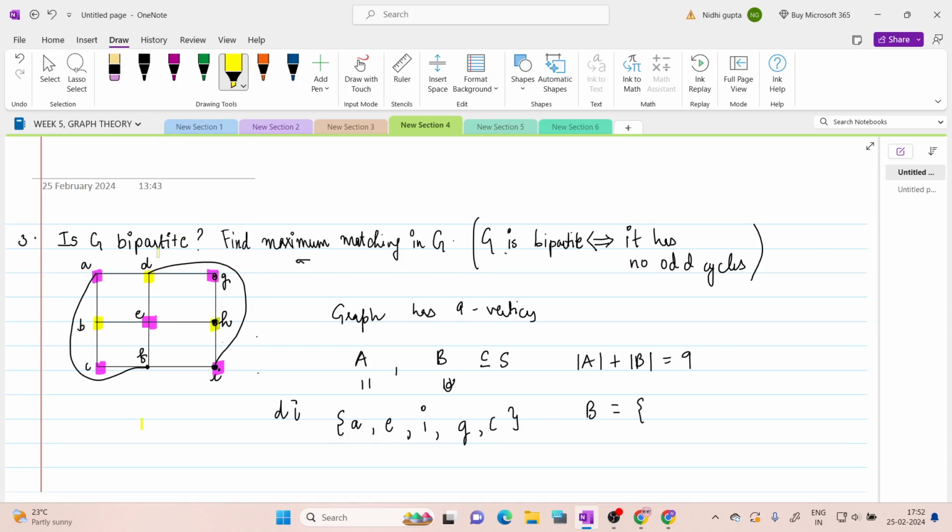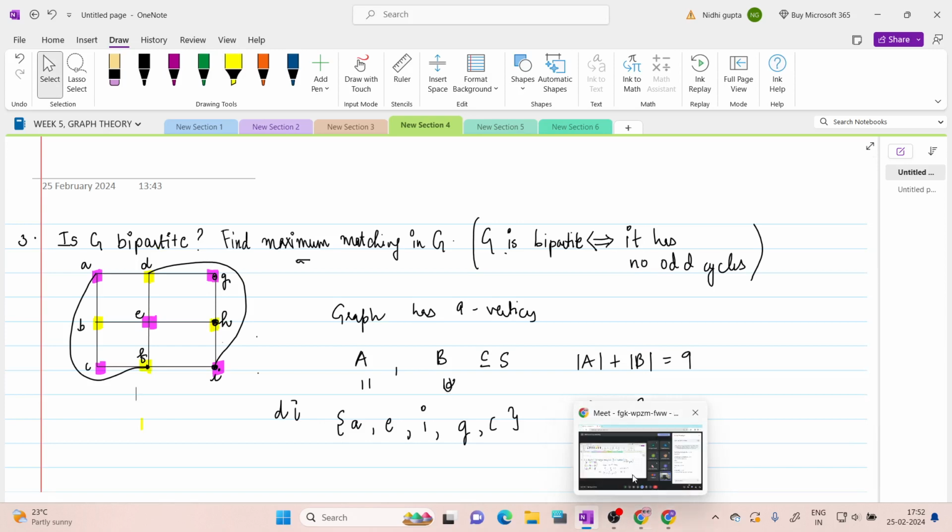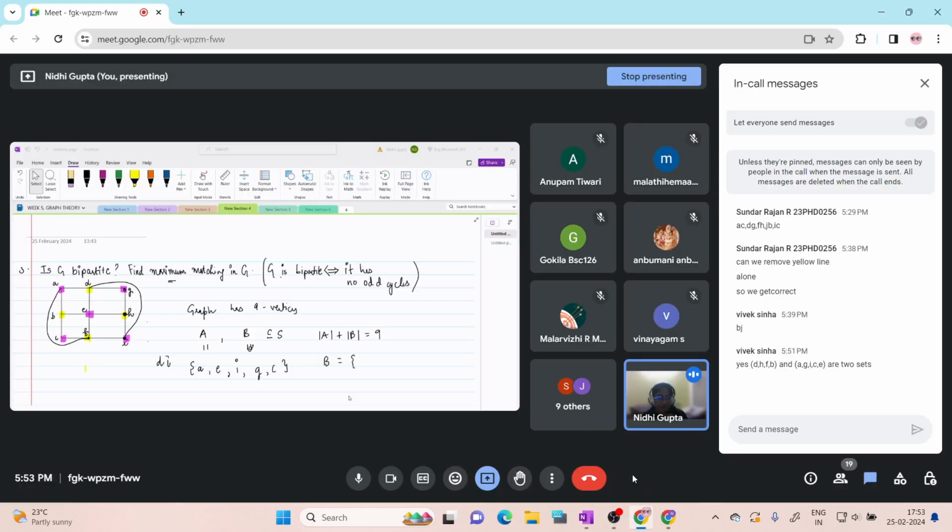So everyone agrees that these two are independent sets. That means if A and B are independent, there should be no edge between the yellow vertices and no edge between the purple vertices.